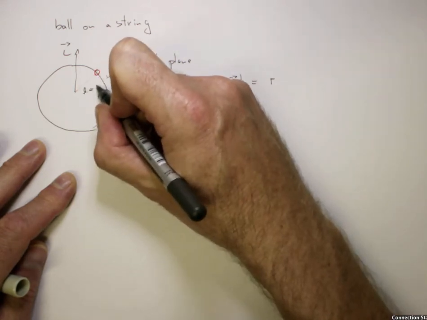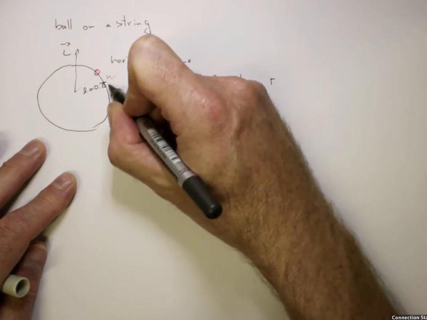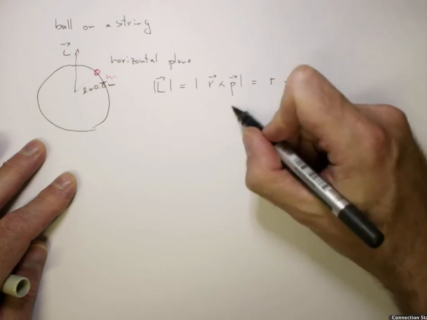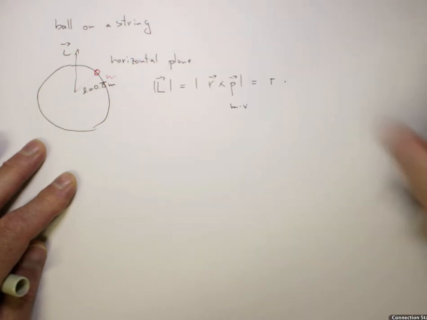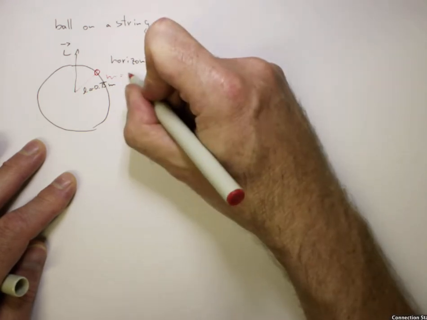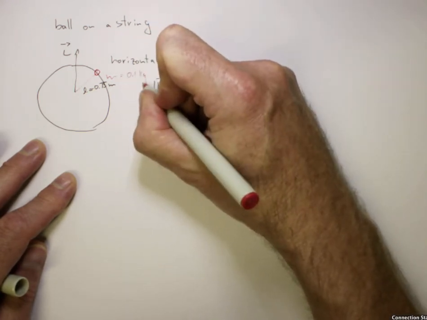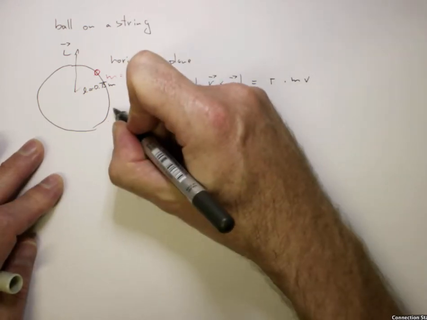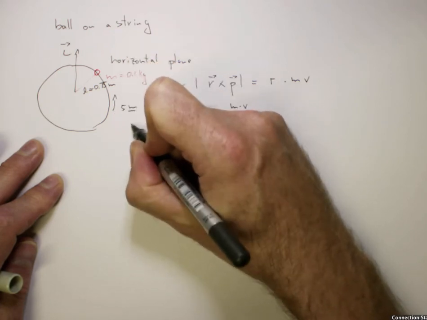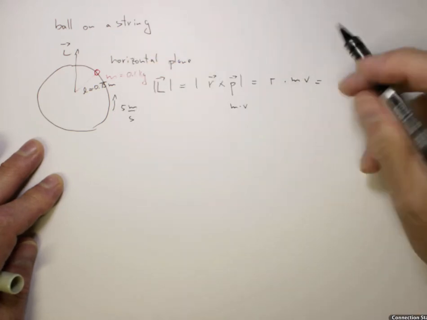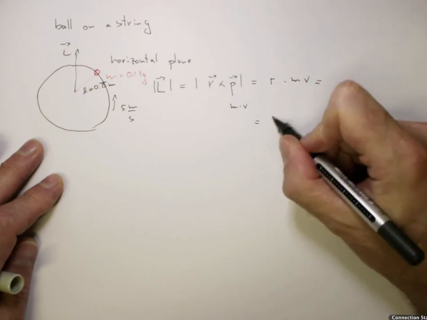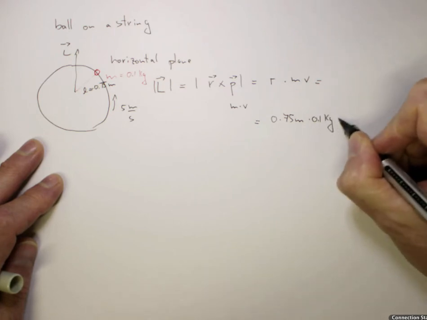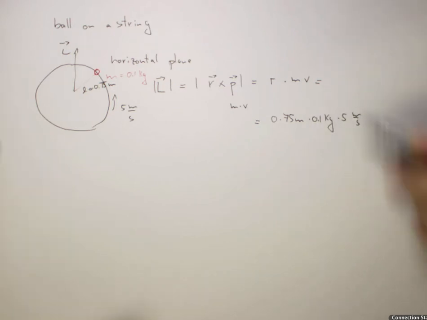Earlier we assumed a length of 0.75 meters, times momentum, which is m times v. The mass might be 100 grams, 0.1 kilograms, and we might assume the ball has a speed of 5 meters per second. So if we substitute this, we get 0.75 meters times 0.1 kilogram times 5 meters per second.